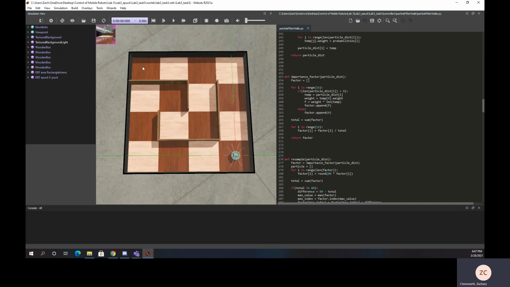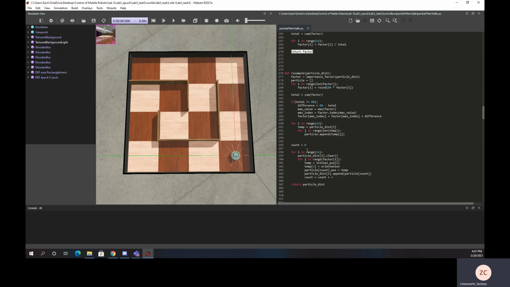Initially there are 5 particles in the cell, so we would multiply 1 by 5 to get 5 as the factor, and that's the importance factor that we're going to use. And we also are going to have to normalize it. So we do the same thing as we did before, get the total, divide each factor by the total to normalize it, and that's going to be all our factors that we're going to use for the resampling step.